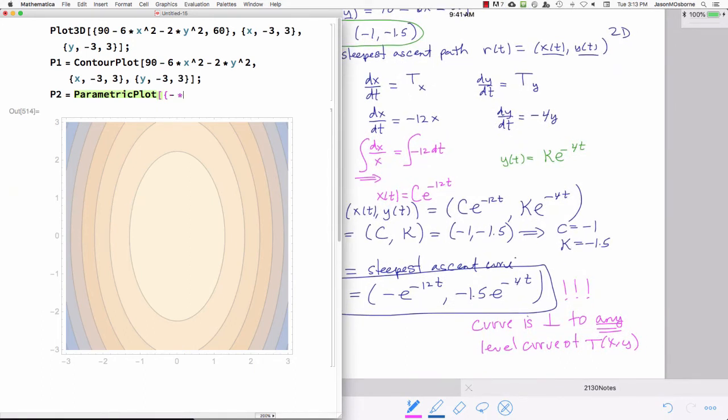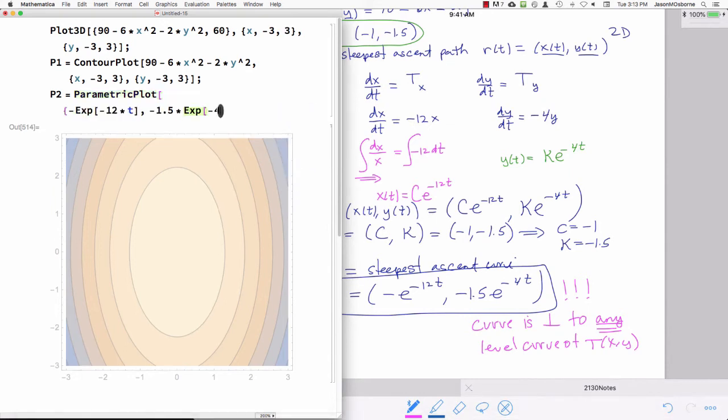Negative exponential of negative 12 times t, that's the x entry, and negative 1.5 times the exponential of negative 4 times t. And this is the path that the insect is going to take starting at time 0 seconds.